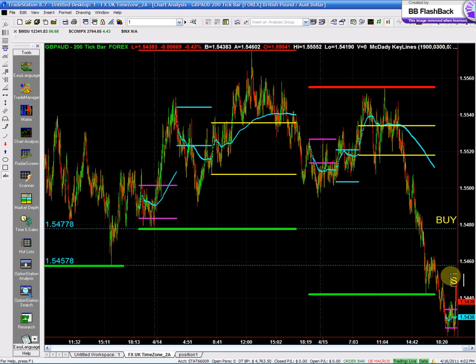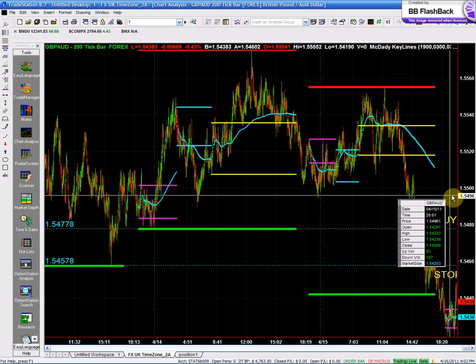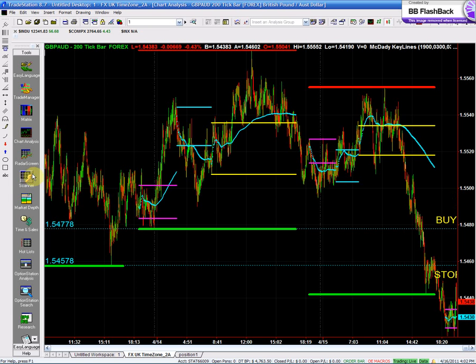Okay, we are only going to go short below the low, and that low is 19, so we're going to go short below 154.19.